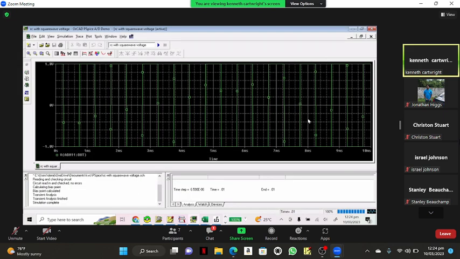How do I find the frequencies? What do I do to find the frequencies present in this waveform? I showed you this also.